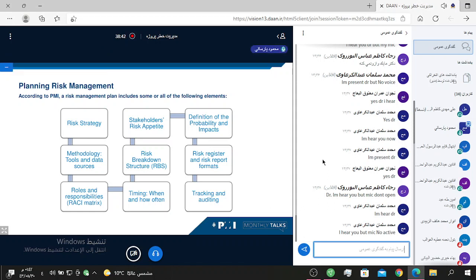Next one, stakeholder risk appetite. And after that, the definition of probability and impact or effect. We discussed that we must make a standard for probabilities and effects of risk in our project, in our risk management. And the next item is risk register and risk report formats.